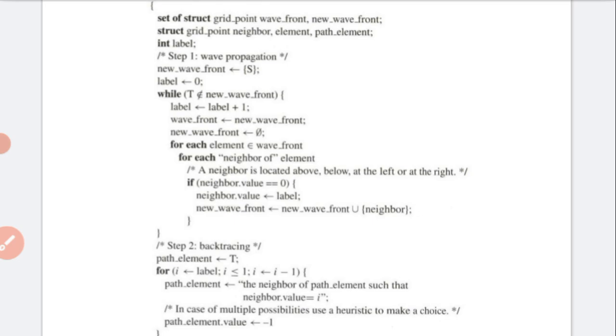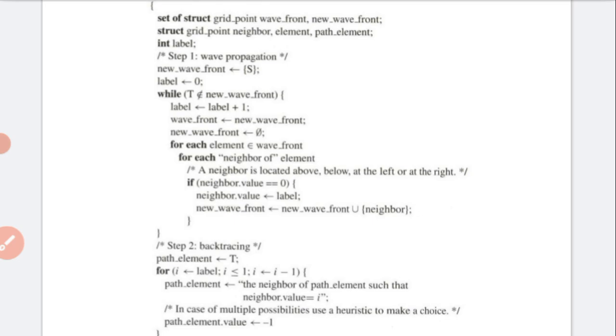These are the 3 steps in the algorithm. In wave propagation, or wavefront, we are just marking the values 1, 2, 3, similarly from source to destination. The points belonging to the same wavefront receive the same integer value.